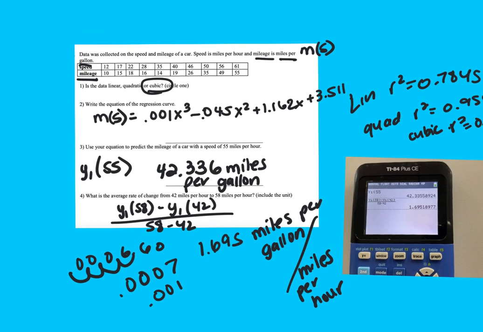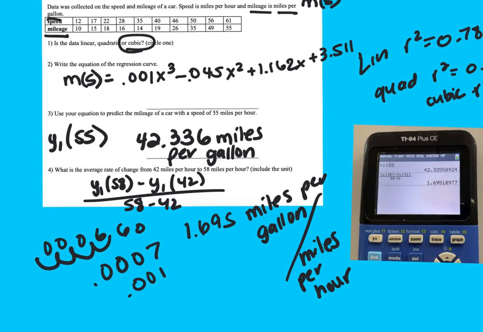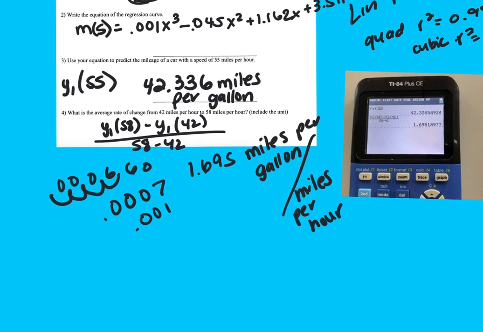Okay, so your input was your miles per hour and your output is your miles per gallon. Let's say it had said, what does that mean in this context? So if you're describing it, let's go back to B or 3. This means if you're traveling 55 miles per hour, then your output, which is your miles per gallon, is 42.336 miles per gallon, okay? If it's talking about rate of change, then you have to give the interval on which it is.